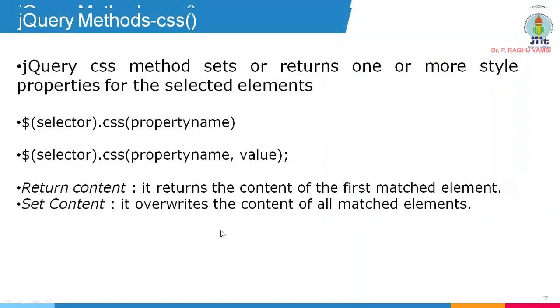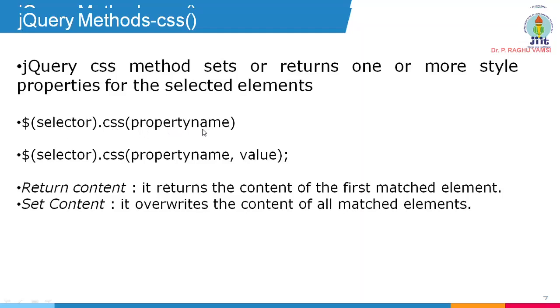The jQuery css method sets or returns one or more style properties for the selected items. That means you can set the values for CSS properties dynamically by selecting the corresponding tag: $selector.css of property name.